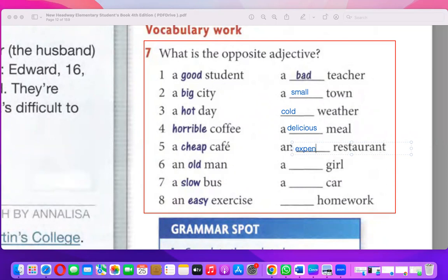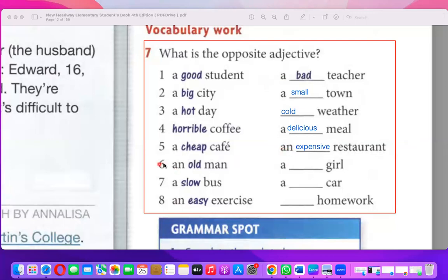Here, why should we say expensive? Because we have "an". Costly is also correct, but because we have "an" here, that means we need to use a word that has a vowel at the beginning. We're going to study these later on. I'm going to show you when we use "a" and when we use "an". It's very simple, very, very easy.